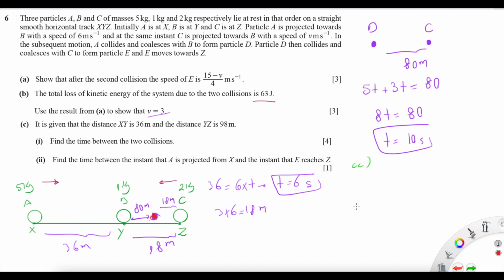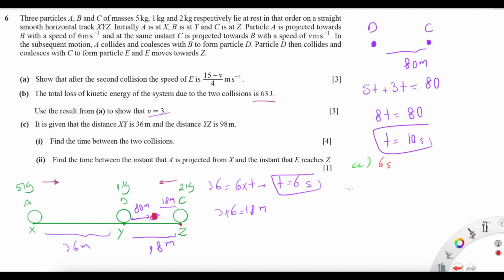Now we know that it took 6 seconds for particles A and B to collide. And after 6 seconds, we know that particle C was 18 meters from point Z. And it took 10 seconds for particle C and particle D, which is after the collision of particles A and B, to collide for the second time.